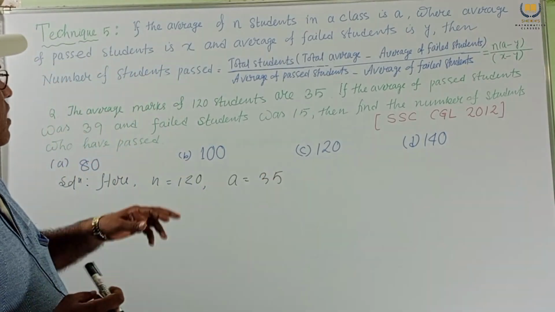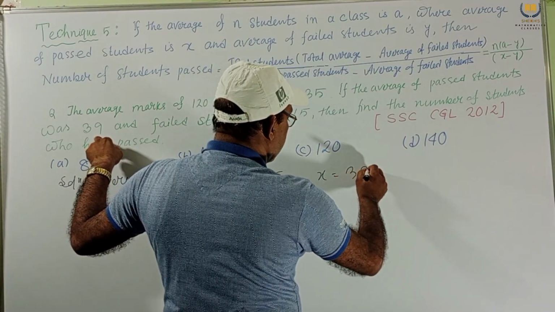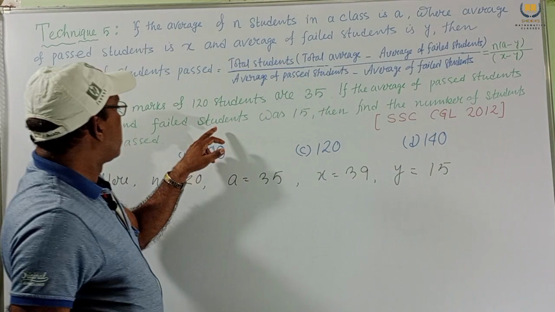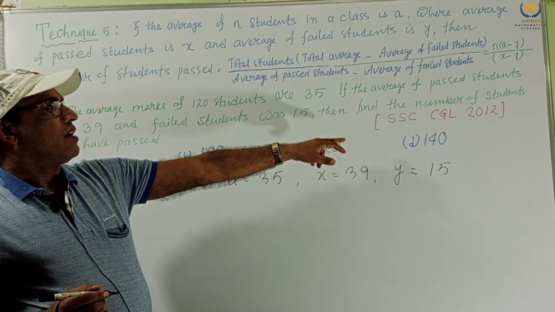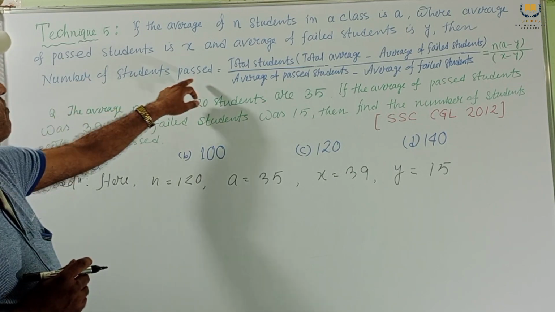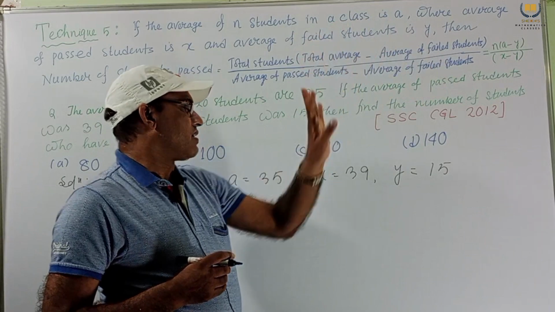The average of passed students is 39, so X is 39, and failed is 15, so Y is 15. Find the number of students who have passed. The number of students passed equals, this is the formula, n into (A minus Y) by (X minus Y).